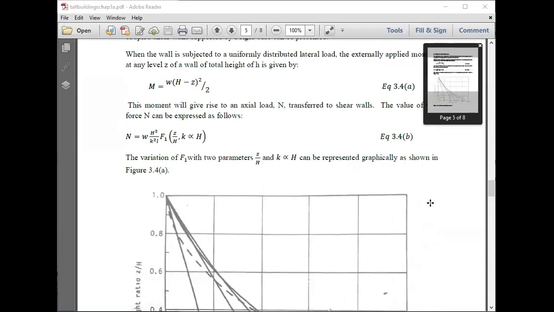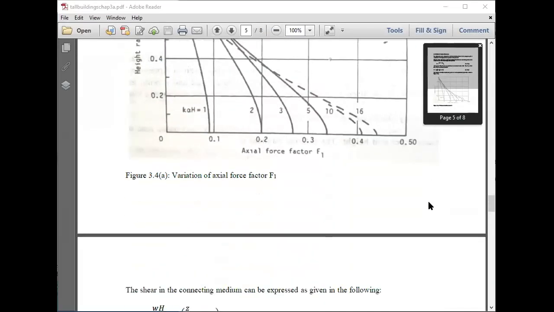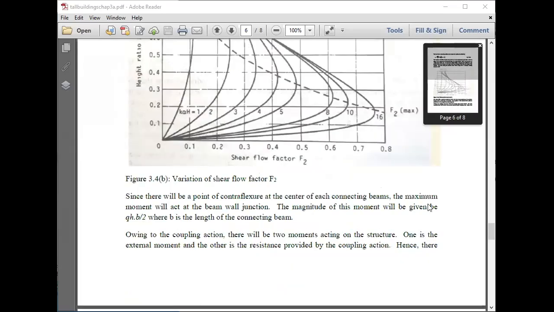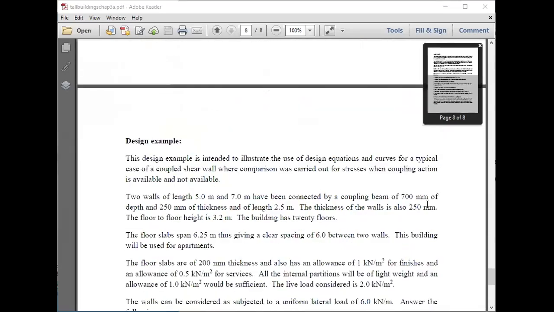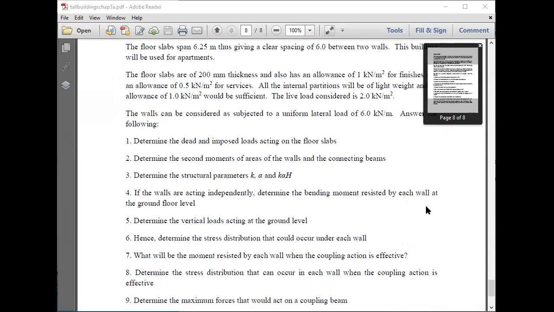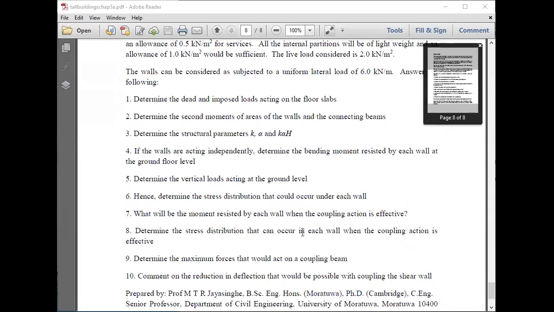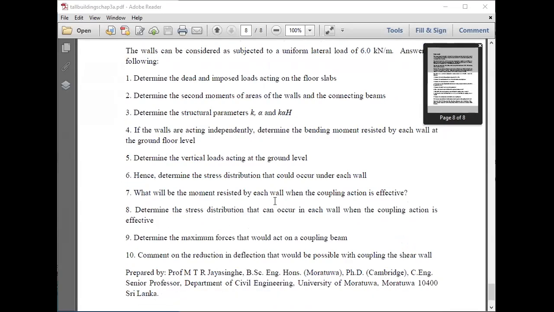Right, you can see the note now. So we have found the moment resisted by each wall when the coupling action is effective. Then we have been asked to determine the stress distribution that can occur in each wall when the coupling action is effective. We have found it only for wall 1.